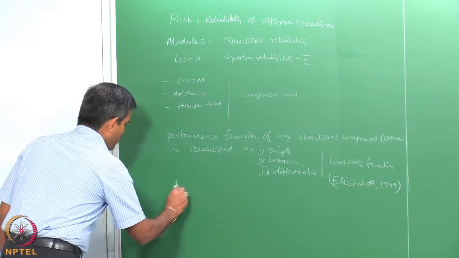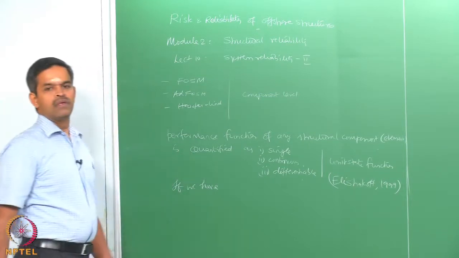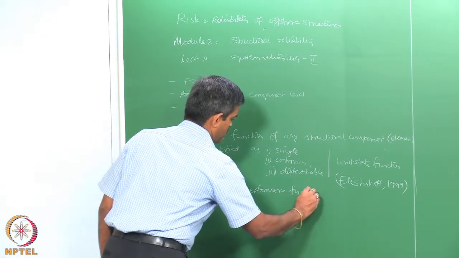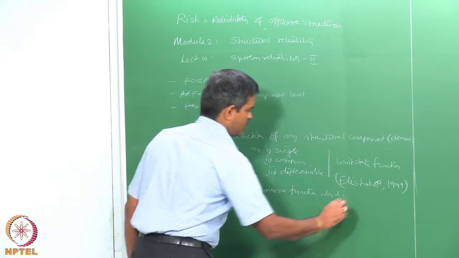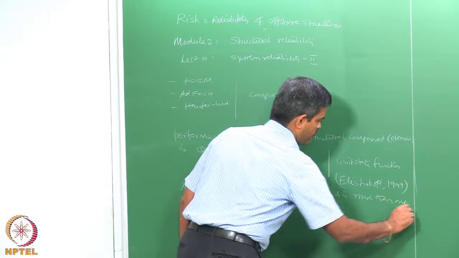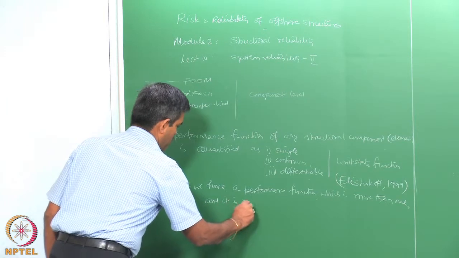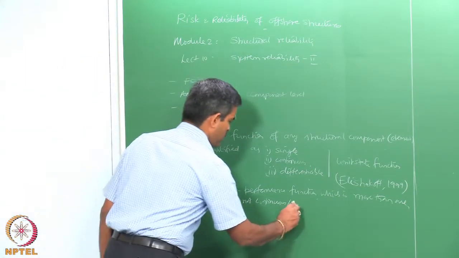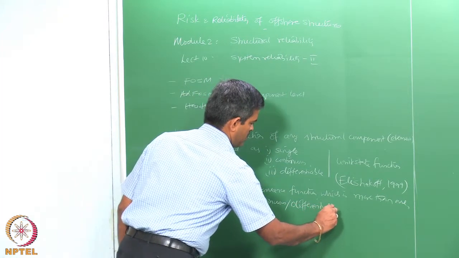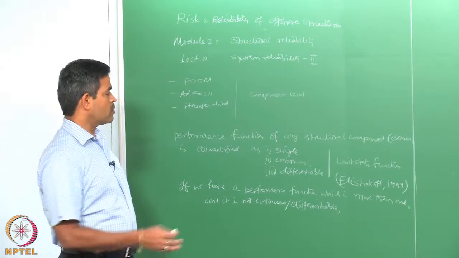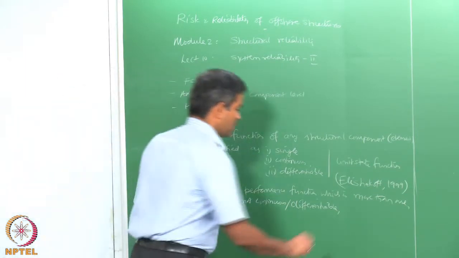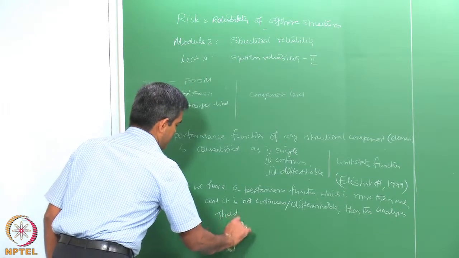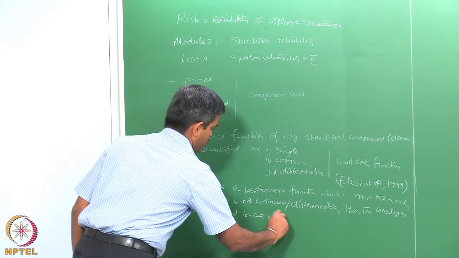Okay. If we have a performance function which is more than one, and it is not continuous or differentiable, then the whole discussion applied to component level will get back to a system, because then the analysis should be carried out as a system.